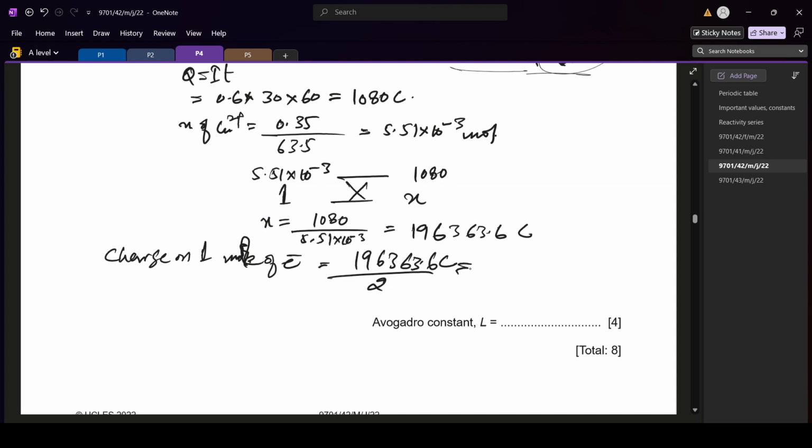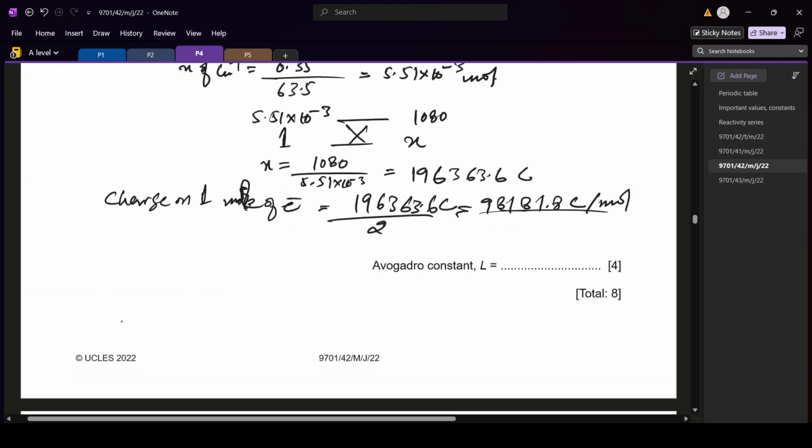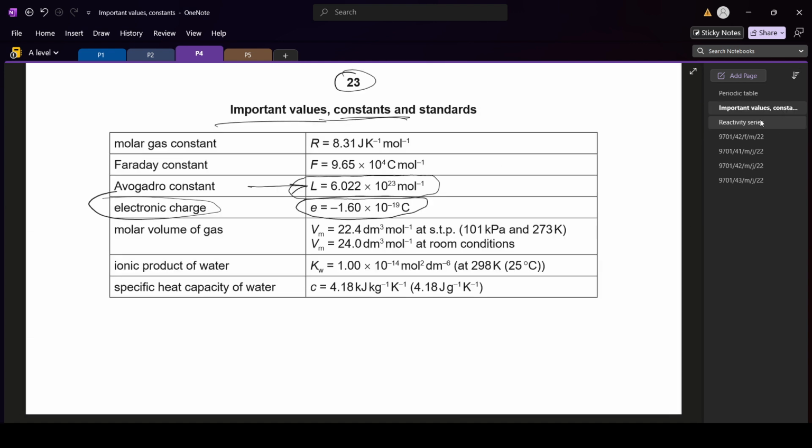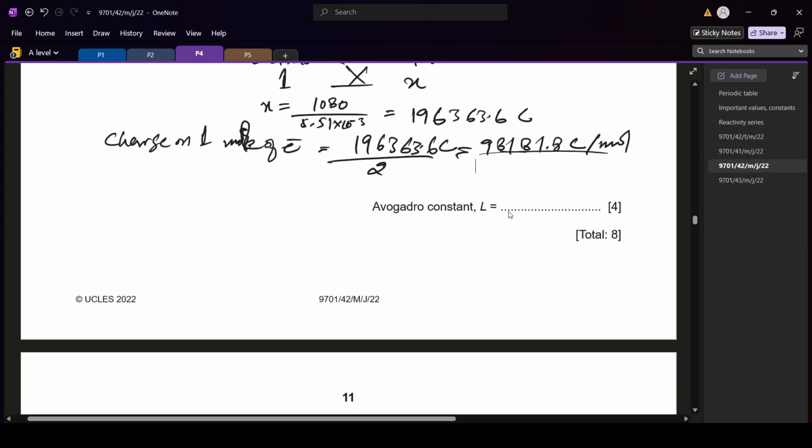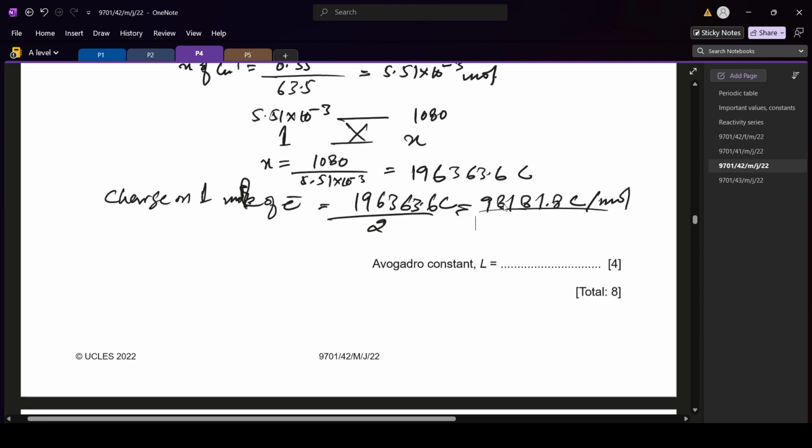You will have a value of 98181.8 coulombs per mole. Okay, this is your Faraday's constant. You have been given the value of Faraday's constant here as well, which is 9.65 into 10 to the power 4, which is 96500. This value and our experimental value are different because there is an uncertainty in the experiment. But we will be dealing with the one which we have calculated.